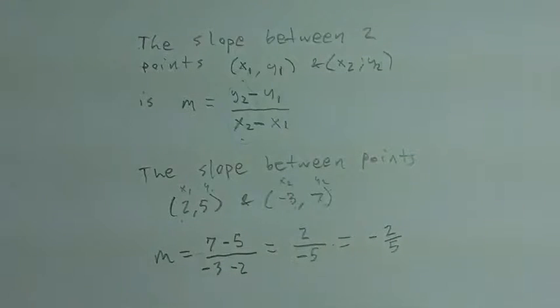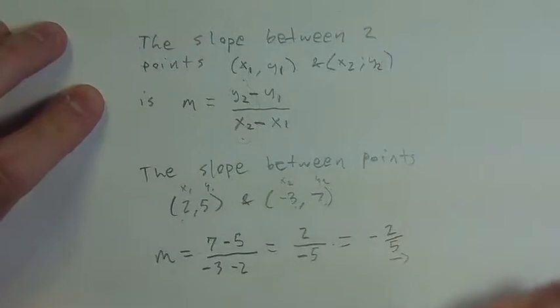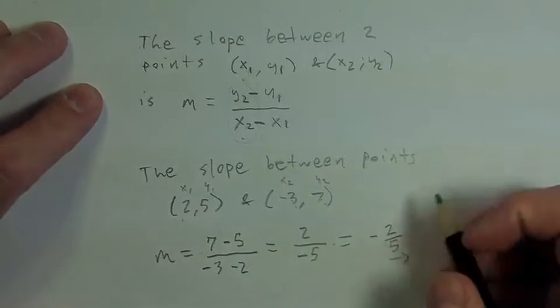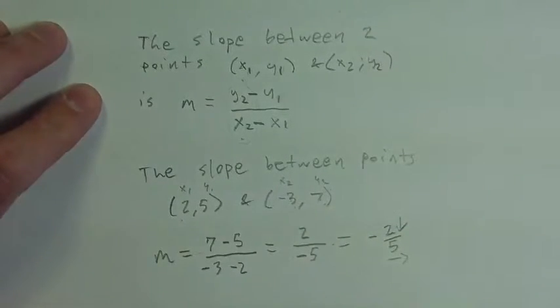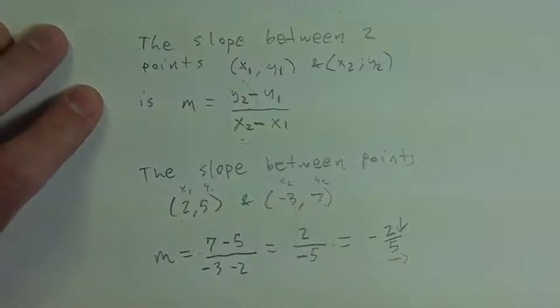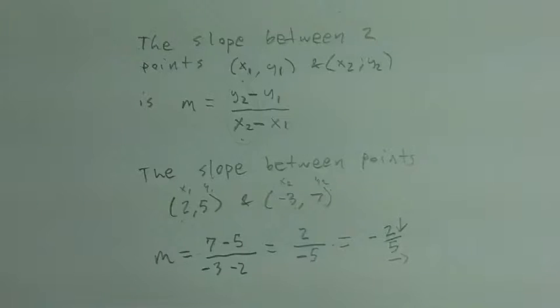-2/5. That means as we go along, okay, as this is our horizontal change, this is our vertical change, and the negative, and we'll talk a little bit about that, but the negative means we're decreasing.